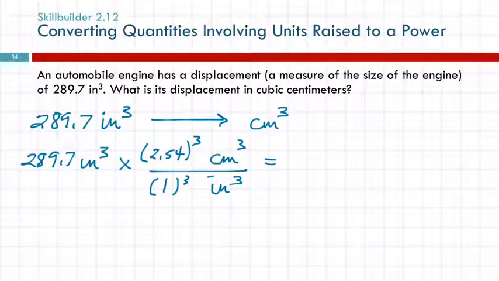Your calculator probably has a button that will cube this number for you. If not, you can always just multiply by 2.54 3 times. So on my calculator, I'm going to do 289.7 times 2.54, and then I have an x to the box button, and I put a 3 in the box, and it cubes it for me, and I get this big old number, 4747.332441.